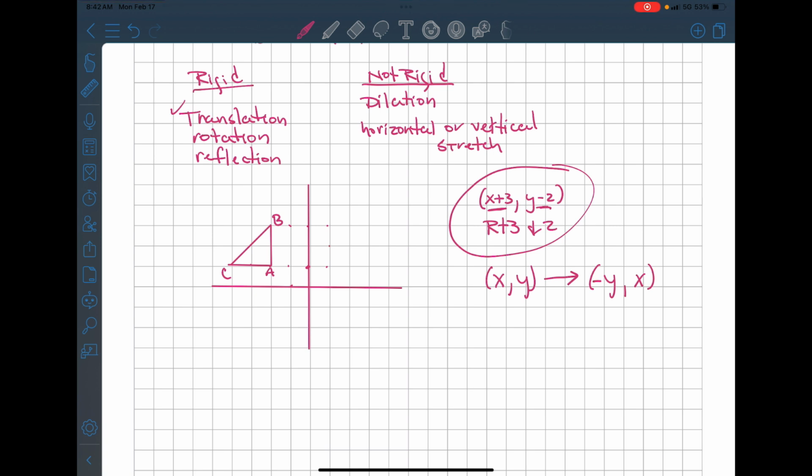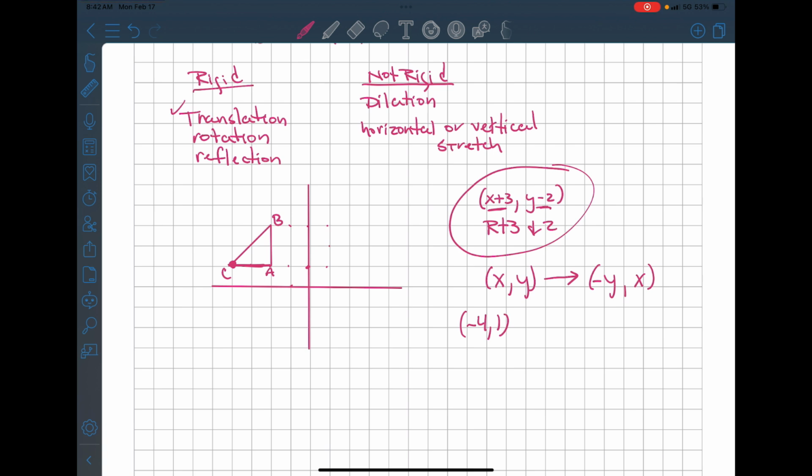So you're going to take this, and if it doesn't tell you the center, I'm going to use this as the center. So 1, 2, 3, 4, negative 4, 1 is my center of rotation.